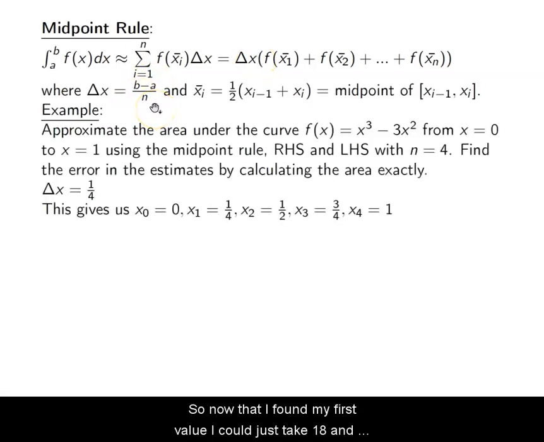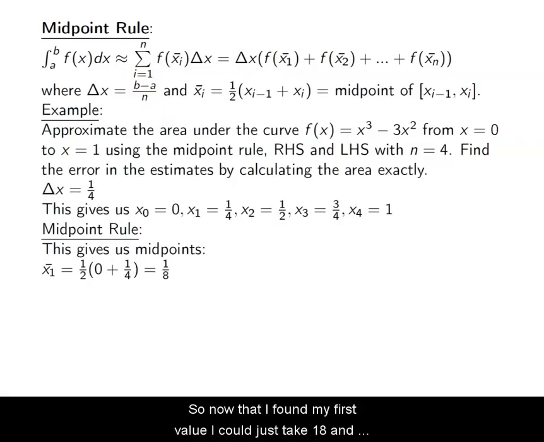So now that I found my first value, I could just take 1/8 and add 1/4 to it, and then 1/4 to it again, and then again, until I get my 4. So there's 2 ways to do this. Find your first value, and from there, just add delta x to it again and again. Or you can continue to use the definition of a midpoint of the 2 endpoints of your subinterval, right?